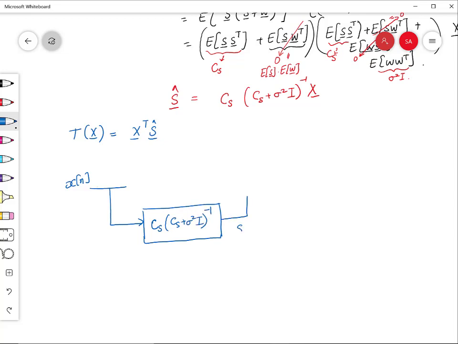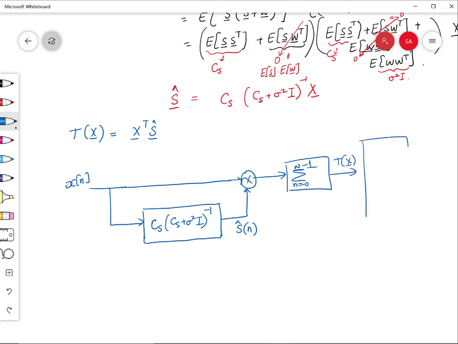So you get here s hat of n, and then you multiply these two quantities together, and then you sum it over from n0 to capital N minus 1. Here you get your test statistic, and then you pass it through the decision making block. You can take the threshold as lambda dash. So this will give you hypothesis H1, and this is going to give you hypothesis H0.